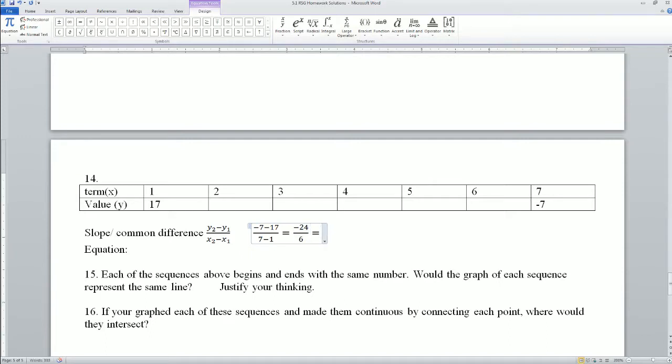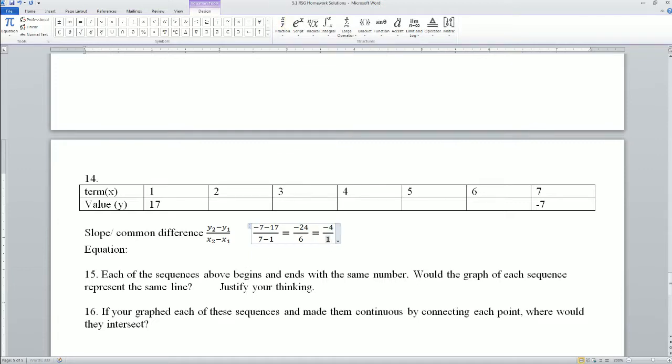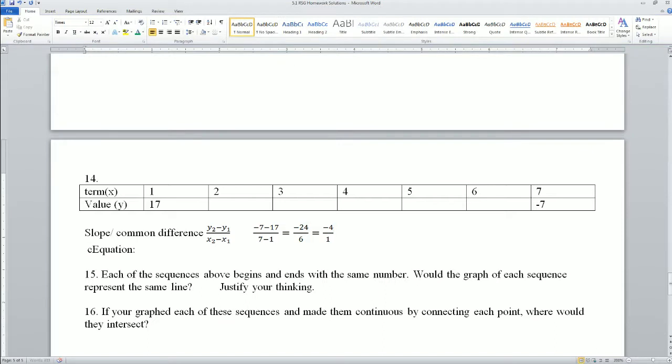This can be simplified into negative 4 over 1. So here you would say your common difference is negative 4.